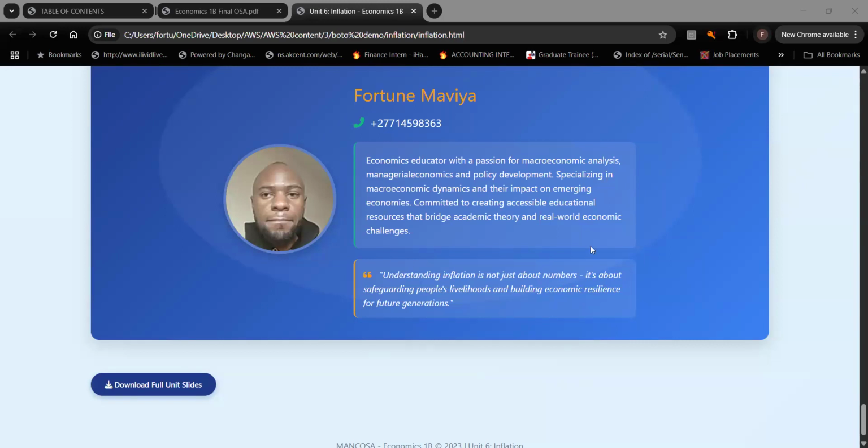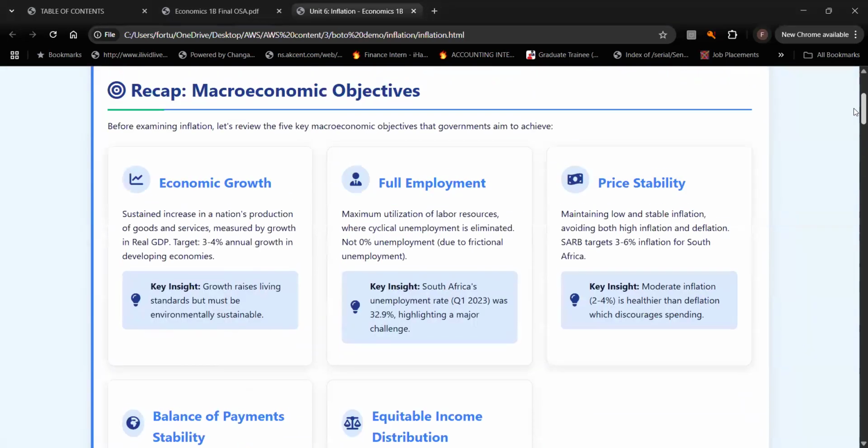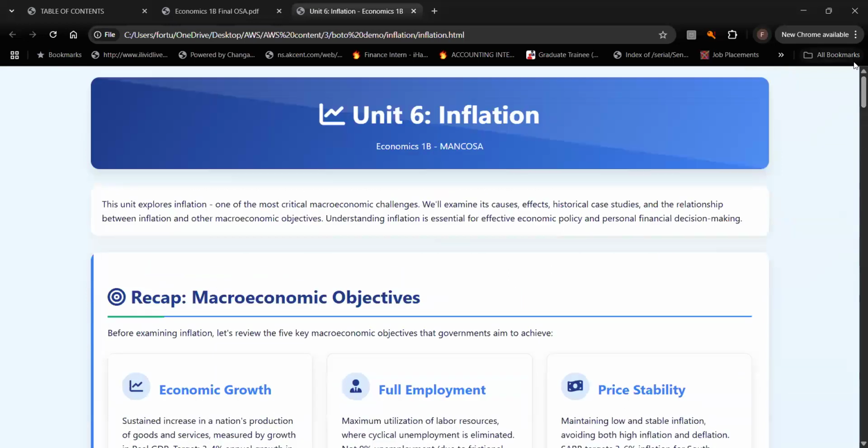My name is Fortune, and we are going to continue with the journey we started last week of macroeconomics. In the previous week, we introduced macroeconomics. We talked about the differences between microeconomics, which we looked at in the previous semester, and the current macroeconomics that we are looking at during this semester.